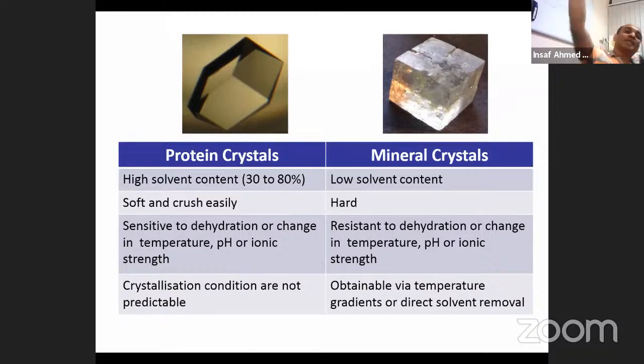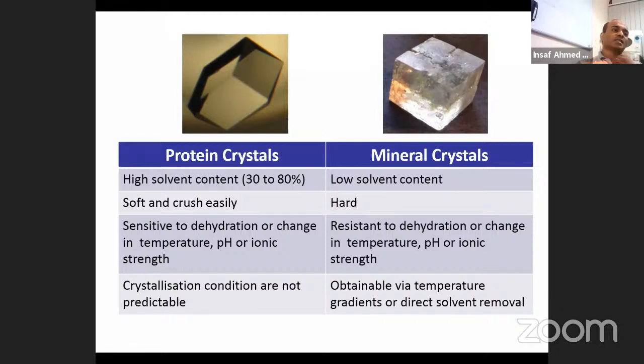But mineral crystals, because they don't have the solvent, are very hard. They are resistant to anything. If you buy this salt crystal from the market and put it at any temperature, only at a very high temperature may they melt actually. Before that, they will not melt.